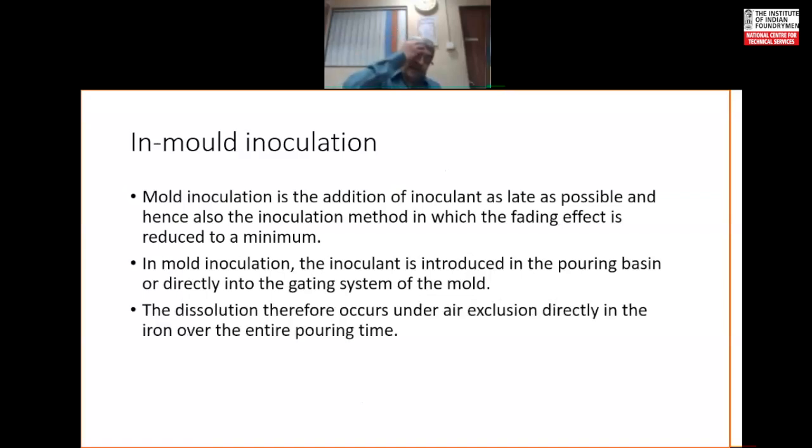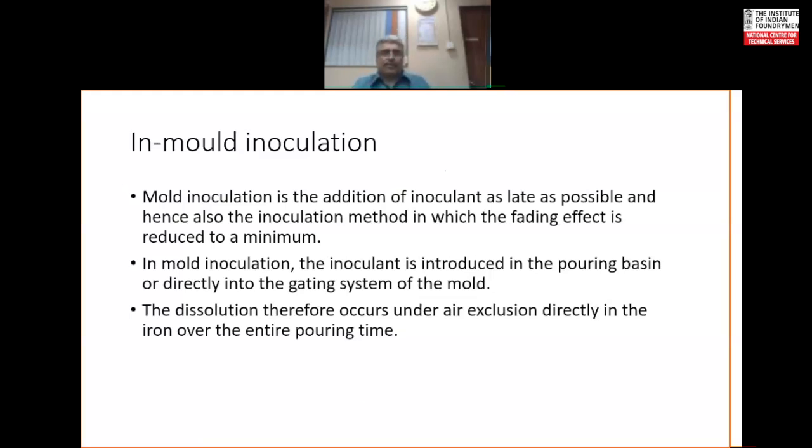You may recall that in SGI, when I had talked about the in-mold treatment, I had shown a typical layout of the running system where you have a chamber in which your magnesium alloy is put. Here, you put the inoculant in the running system. I remember in the old days when Tata Motors used to put a tablet of inoculant in the screw well as the in-mold inoculant.